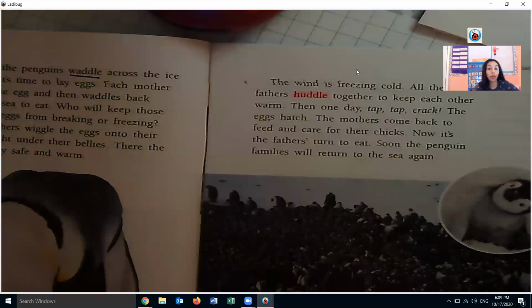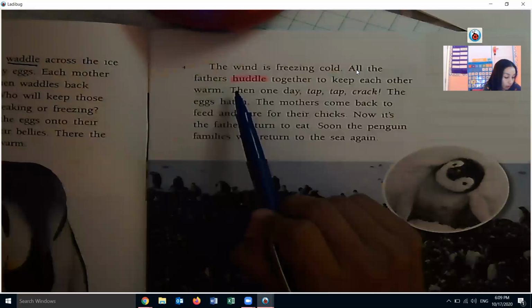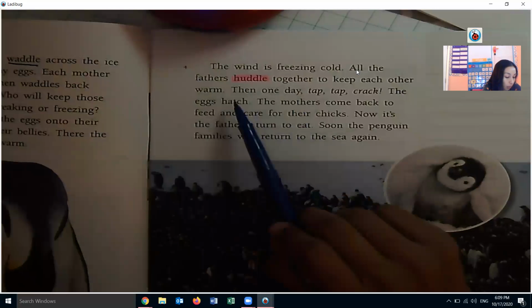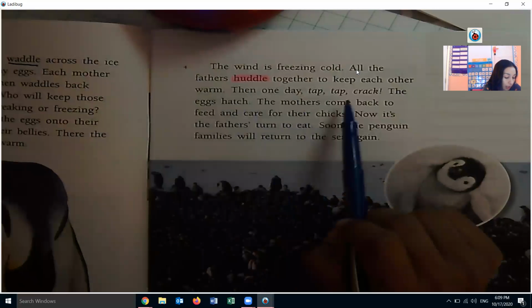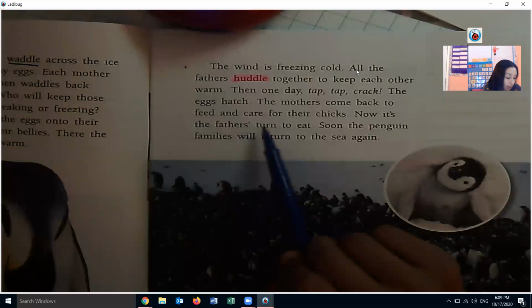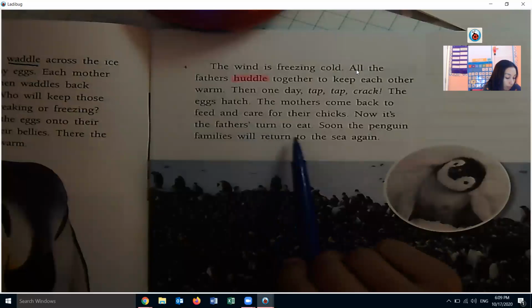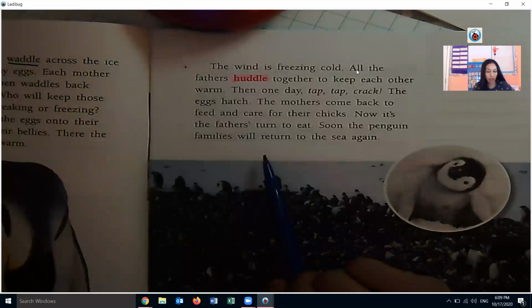The wind is freezing cold. All the fathers huddle, another vocab word, together to keep each other warm. Then one day, tap, tap, crack, the eggs hatch. The mothers come back to feed and care for their chicks. Now it's the father's turn to eat. Soon the penguin families will return to the sea again.